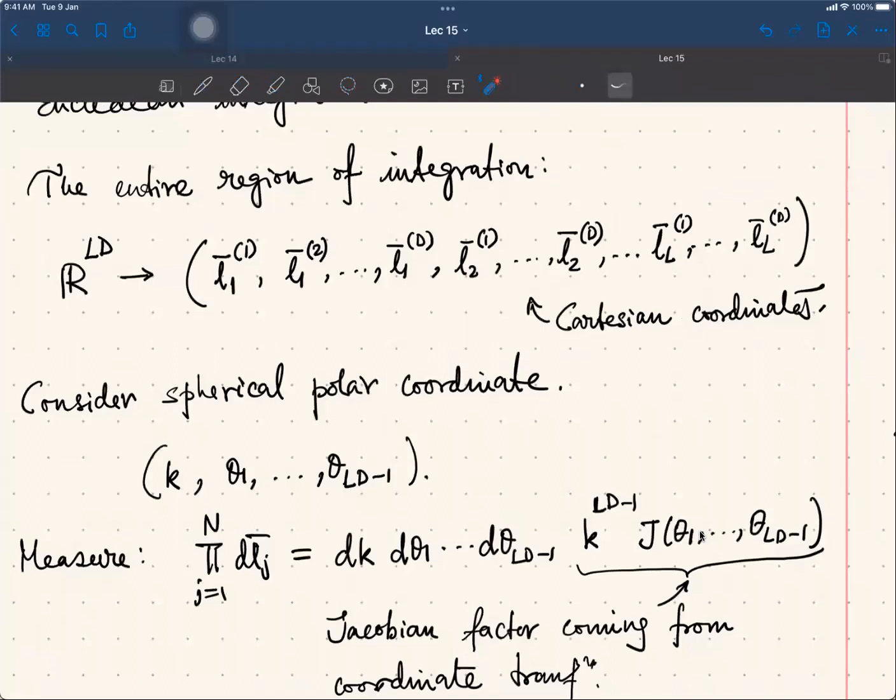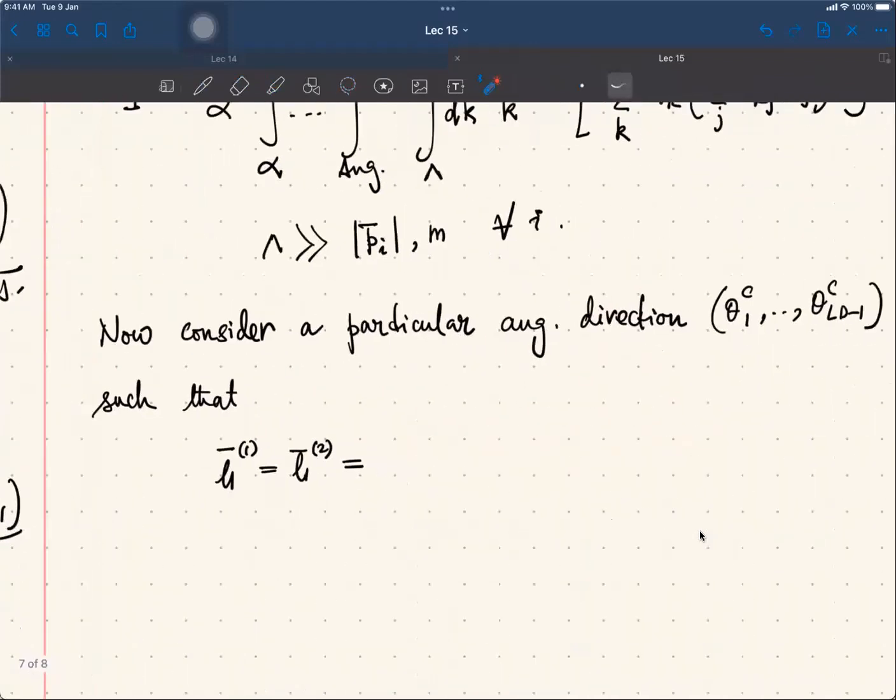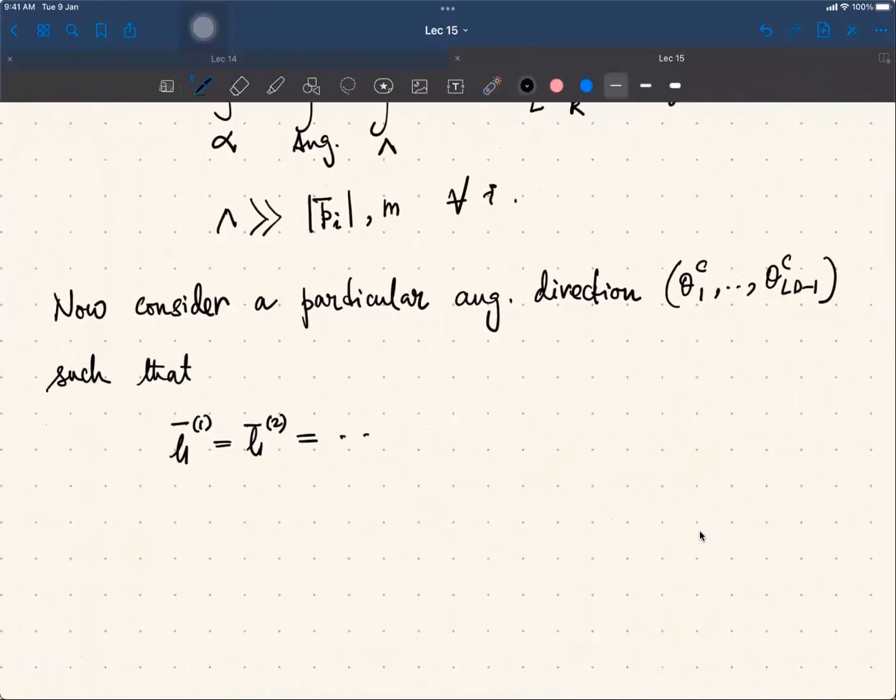Along that line, you are going a long distance. That is k, right? So you choose all Cartesian components to be the same as k.